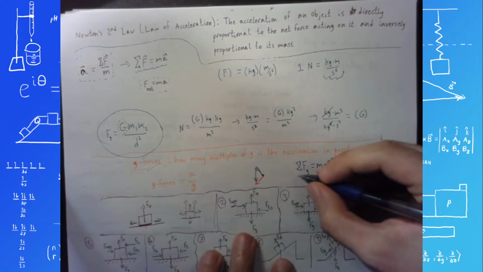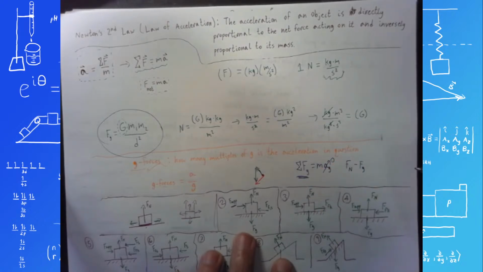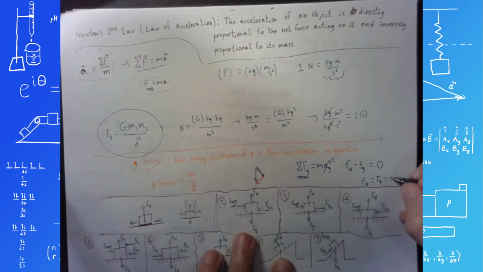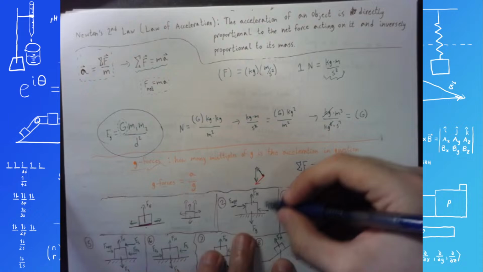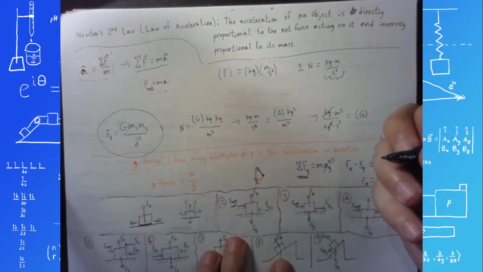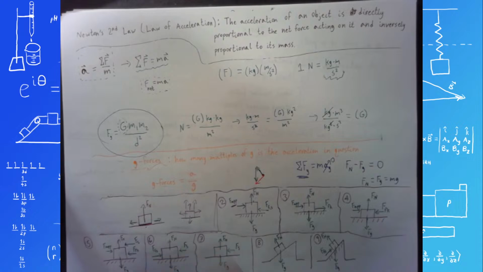That's our net force along the y direction, equal to mass times 0, which is 0. That tells us the normal force is equal to the gravitational force, which then tells us that the normal force is equal to mg, but only for this kind of scenario.